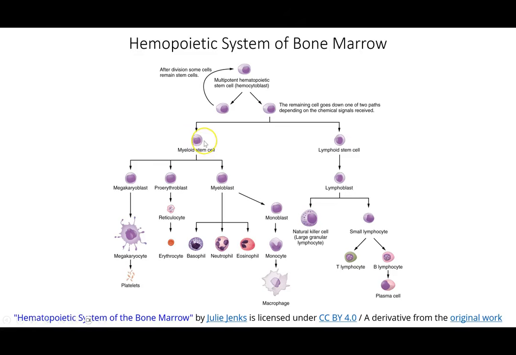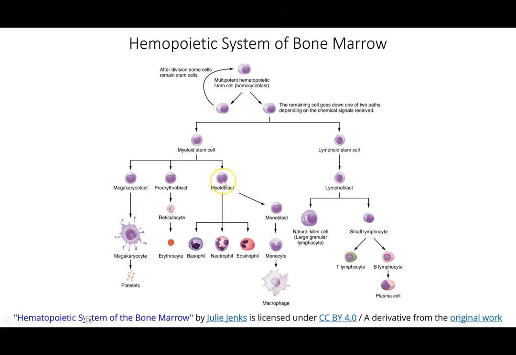Myeloid stem cells can further differentiate into megakaryoblasts, proerythroblasts, and myeloblasts. So those megakaryoblasts will become megakaryocytes, which are the main cell type that are pinching off little pieces to produce our platelets. The proerythroblasts become reticulocytes and then are red blood cells or erythrocytes.